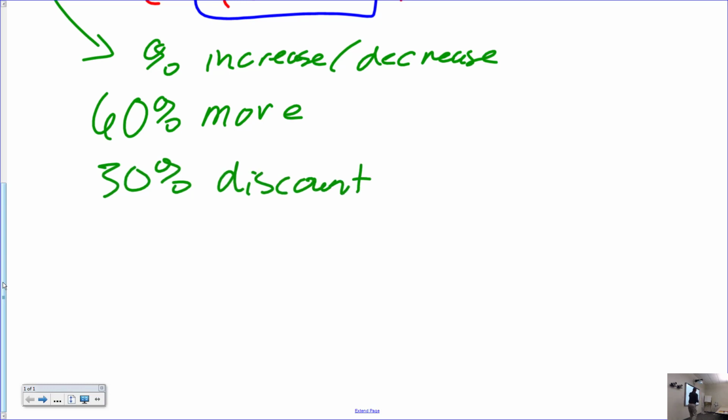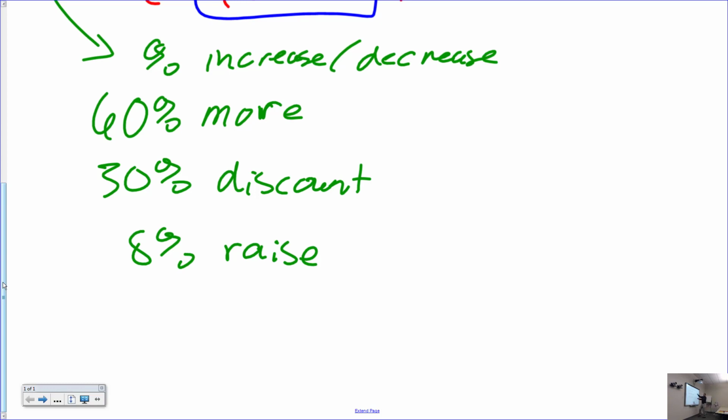So words that tell you you're going to be doing an addition or subtraction: 60% more, 30% discount, 8% raise. These sorts of phrases tell you, hey, this is the kind of problem where I need to think about the new and the old, and I'm either going to add or subtract a percentage of it to get to the new value that I'm looking for.